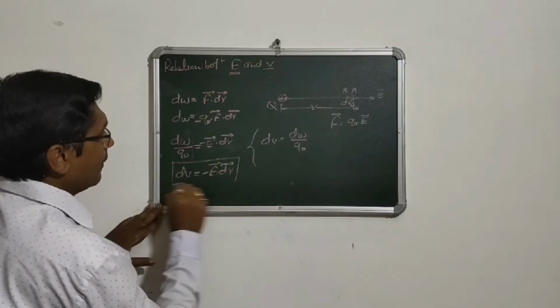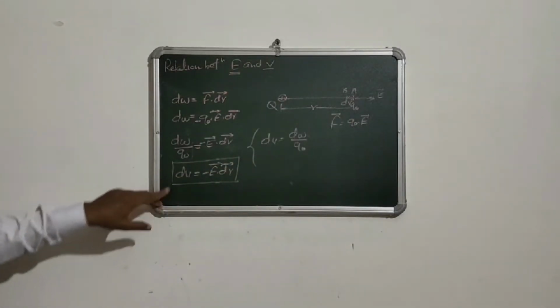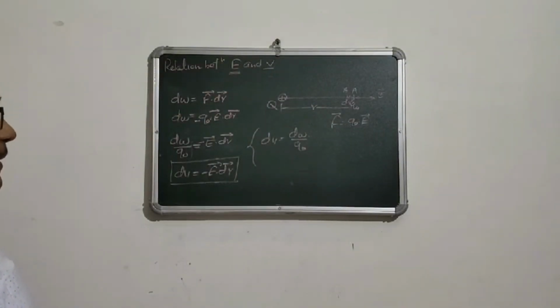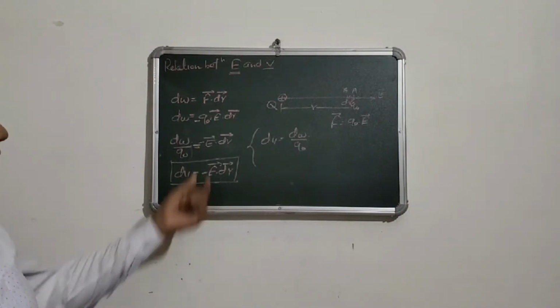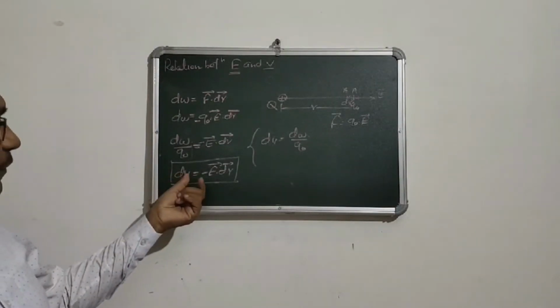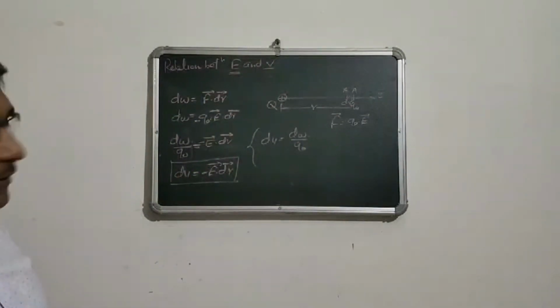So potential difference is equal to the dot product of electric field and position vector or displacement vector. Clear?